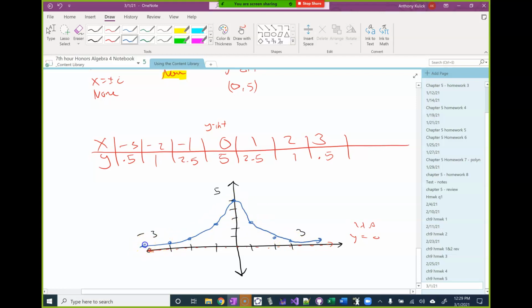So it just kind of looks like a hill. Yes. What does it say under y? 0, 5.